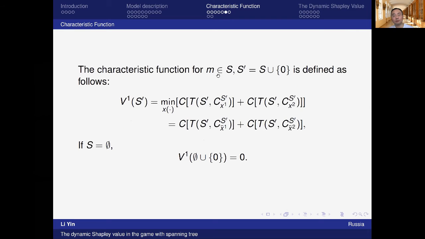But if M is not in S, the characteristic function for coalition S is just summarized by first and second stage. Of course, if coalition S is empty, then the value of characteristic function for coalition S is equal to 0.